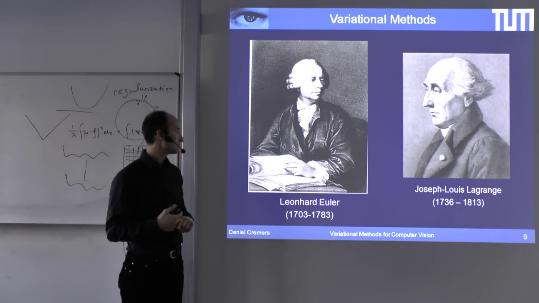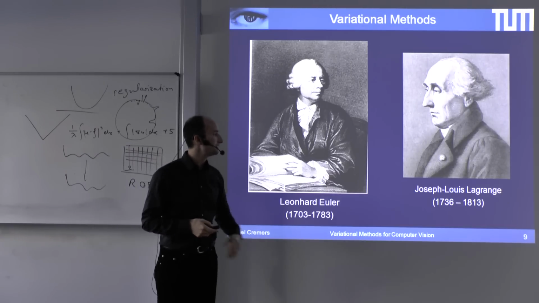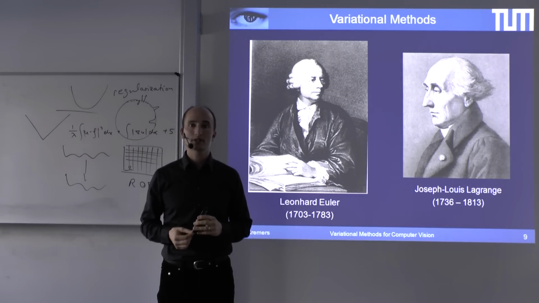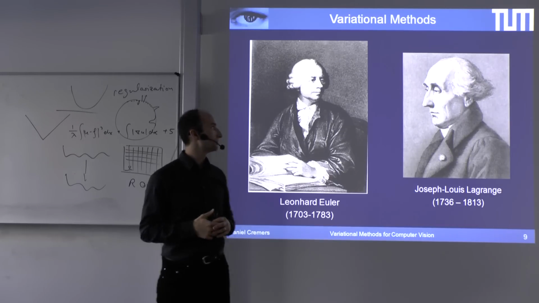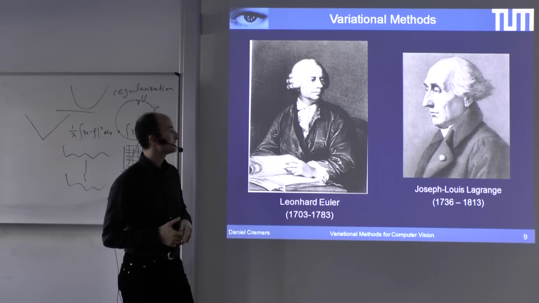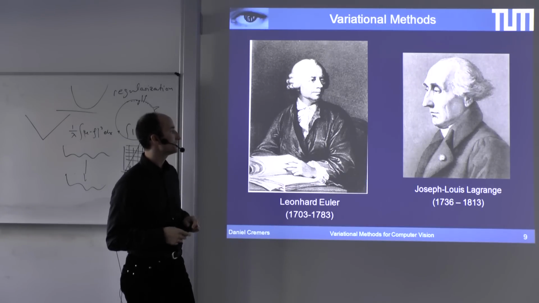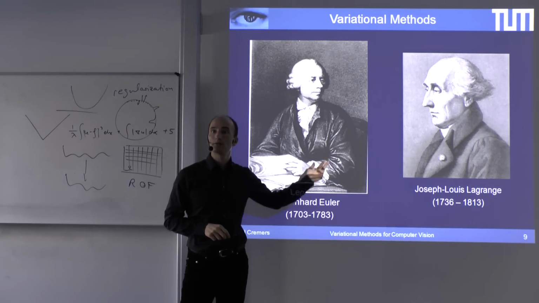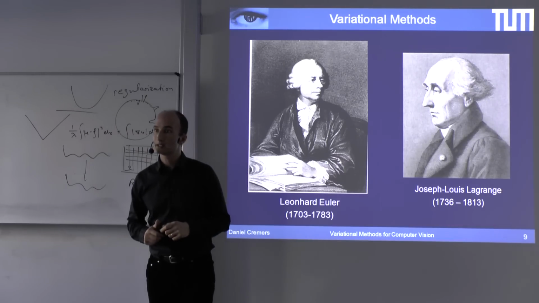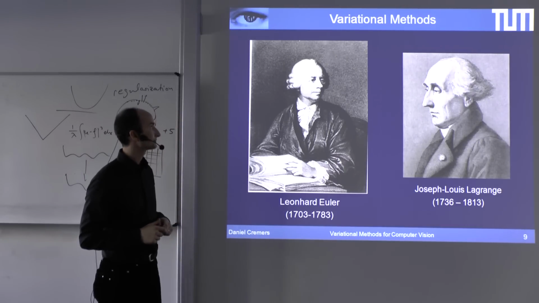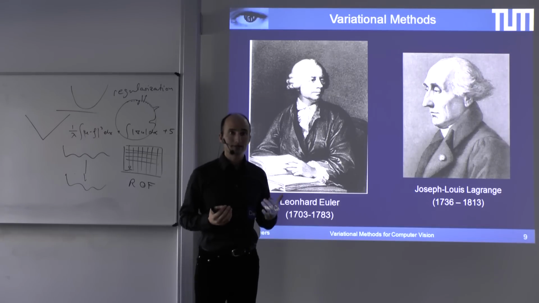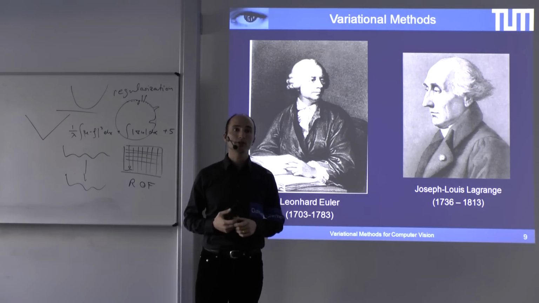So that actually came much later in the 18th century, and there are again many mathematicians and researchers that worked on this problem, but two of the most famous and most influential ones are Euler and Lagrange. As you know, two of the most important mathematicians in history. And they devised very general strategies, very general solutions to variational problems.